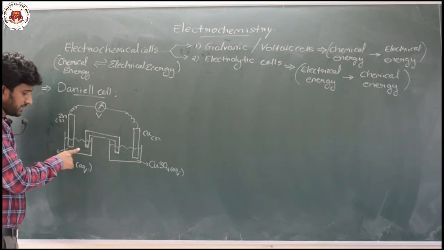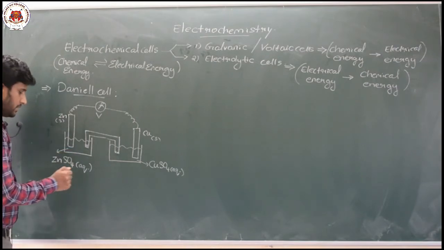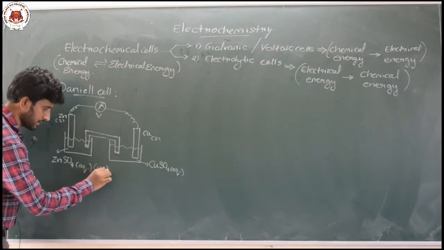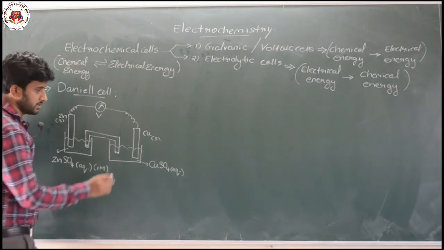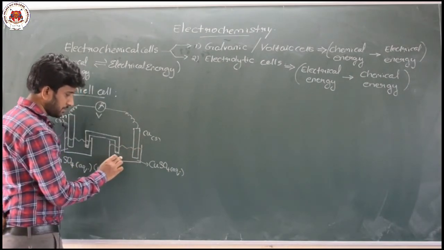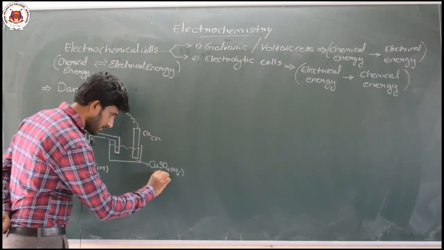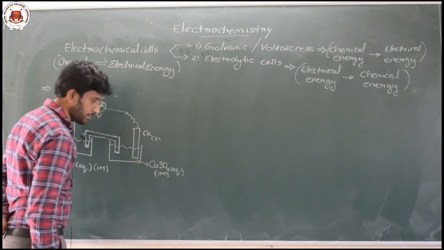The zinc rod is dipped in zinc sulfate solution. Especially, we will take it under standard conditions, 1 molar solution. Similarly, the copper rod is dipped in copper sulfate solution. Under standard conditions, here we will take 1 molar copper sulfate solution.